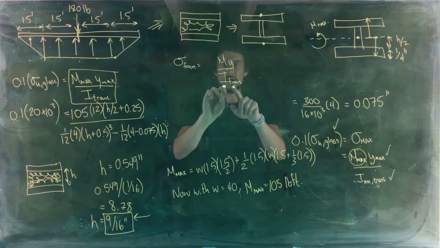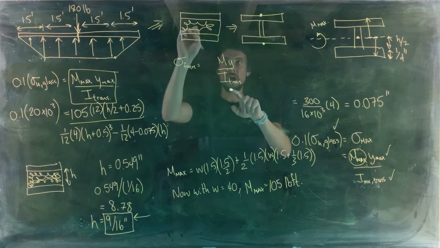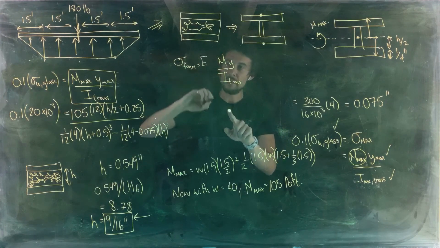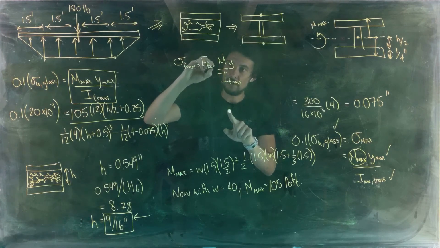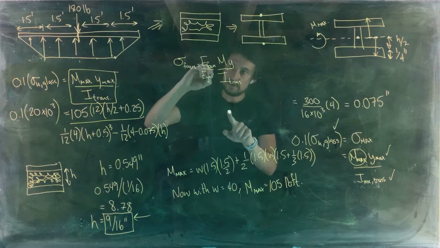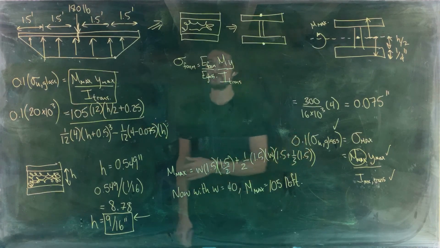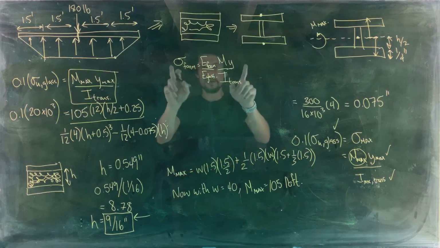But because we're using I for the transformed beam, and the material that we're calculating the stress in is a different material, we have to multiply by the ratio of the moduli of elasticity to get the actual stress in the foam. So that's the only other thing to keep in mind.